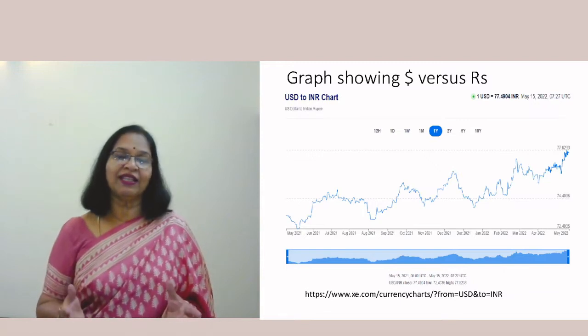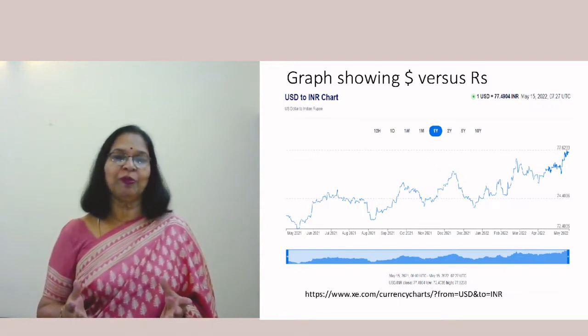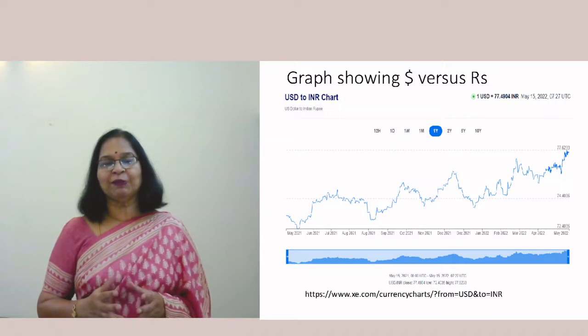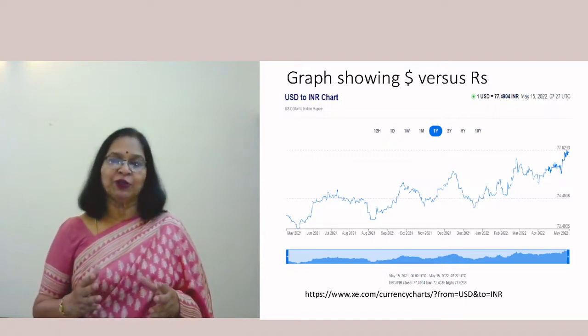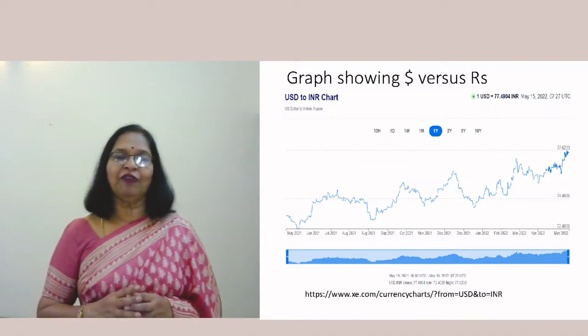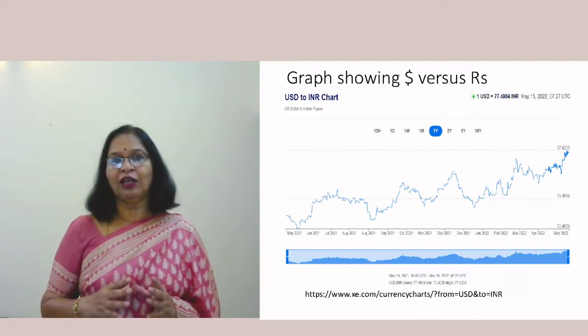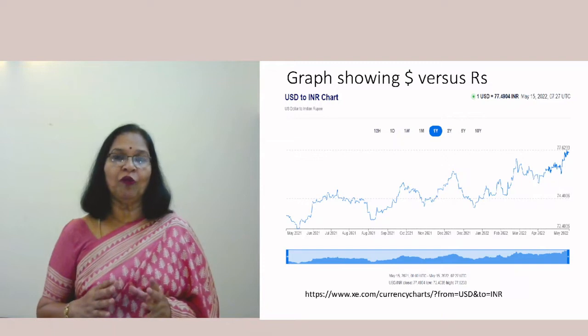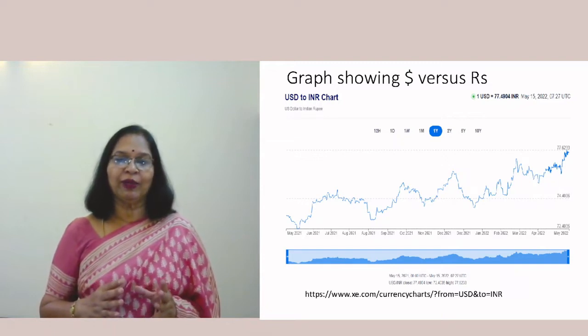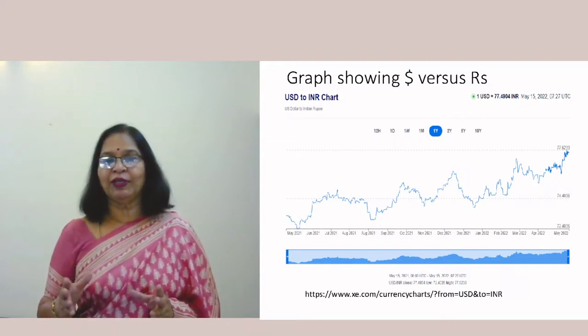The Indian rupee is currently in the news because the value of the Indian rupee has been depreciating. So I thought this graph can show you how the Indian rupee vis-a-vis dollar has been moving in the period May 21 to May 22.